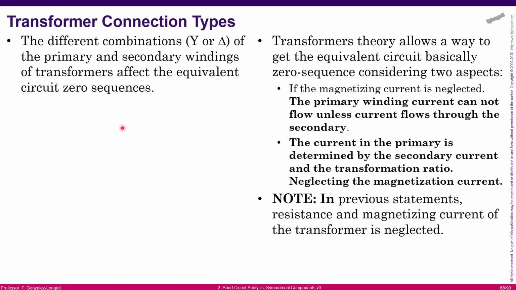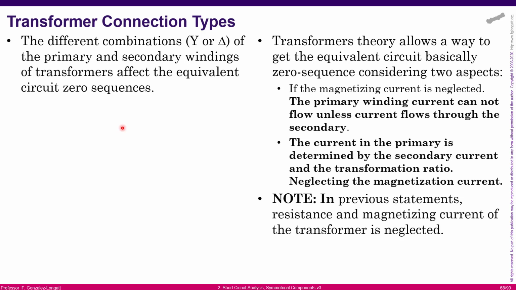One is the delta and the other one is the star, okay? If we are working with a 2 winding transformer, there are a few combinations: delta star, star delta, delta delta, star star, and the stars can have a neutral connection to the grounding point, or they can be floating. There are many combinations, okay?